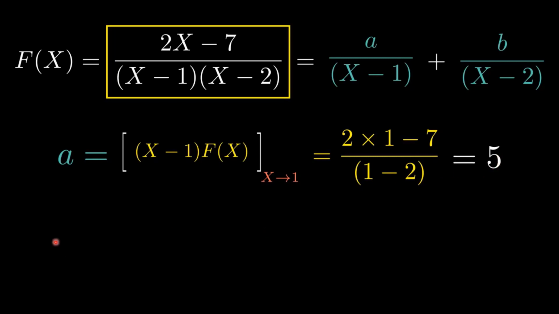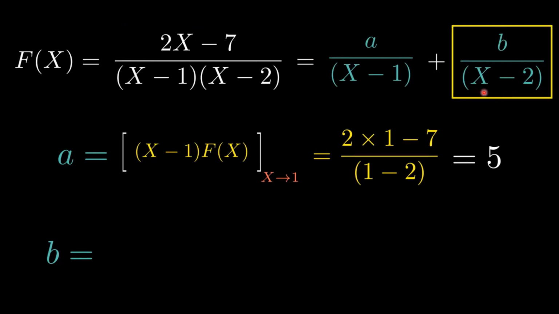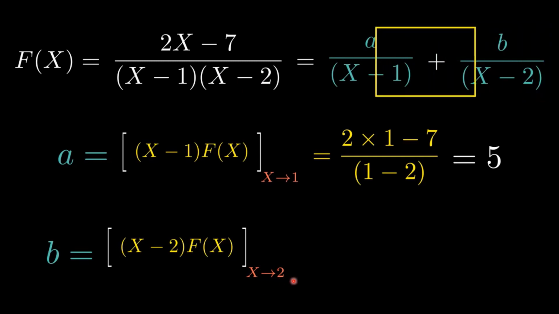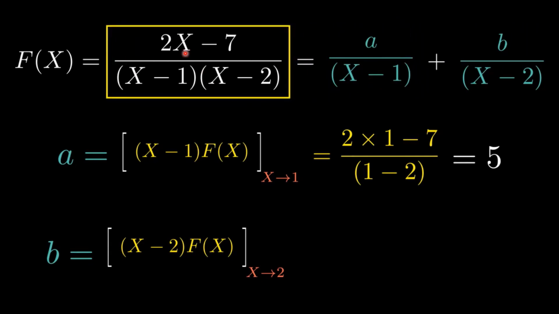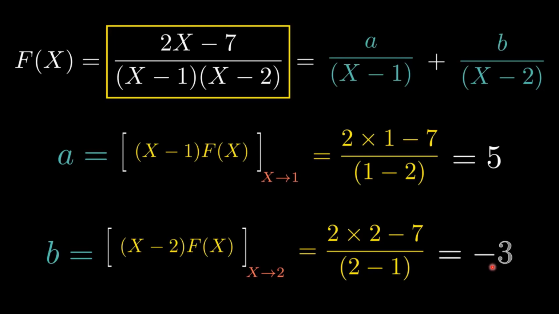Now for b, we multiply the fraction by x minus 2. So we eliminate this x minus 2, and we take x approaching 2. So this term gives 0, and for this we eliminate this. So here 2 times 2 minus 7 over 2 minus 1, which gives b is minus 3.